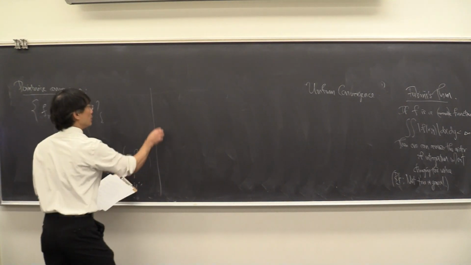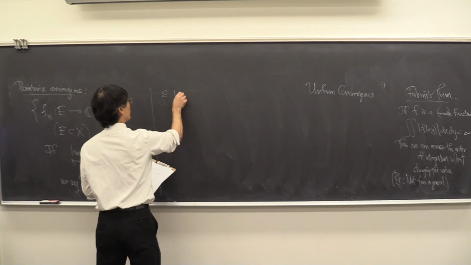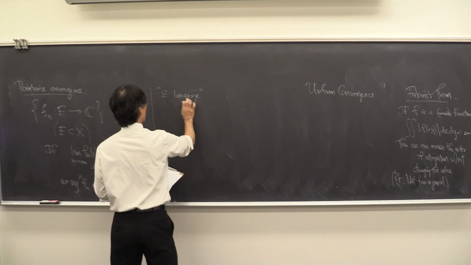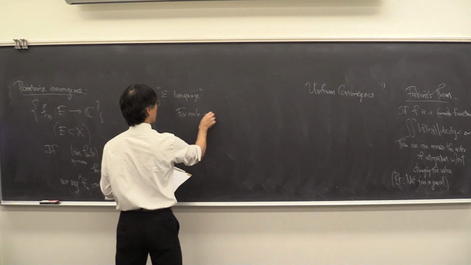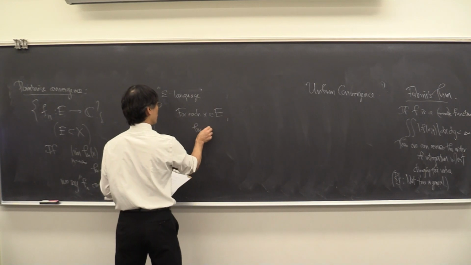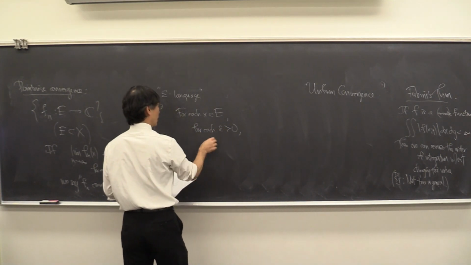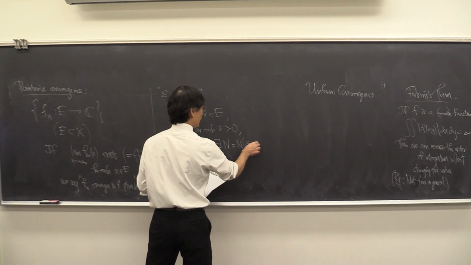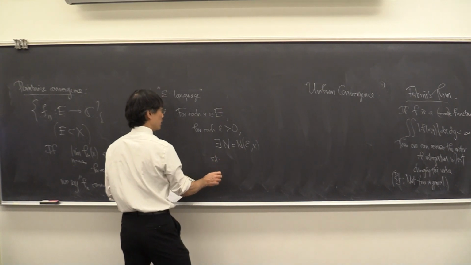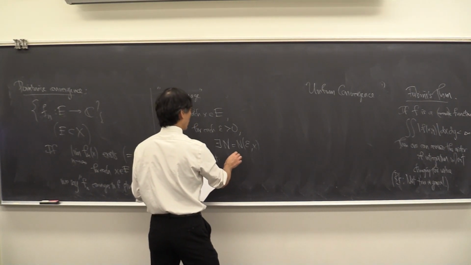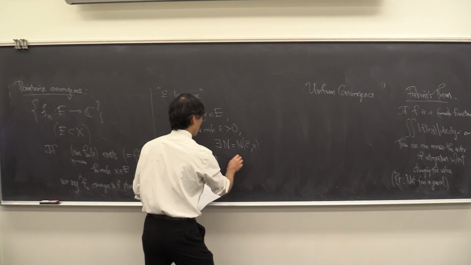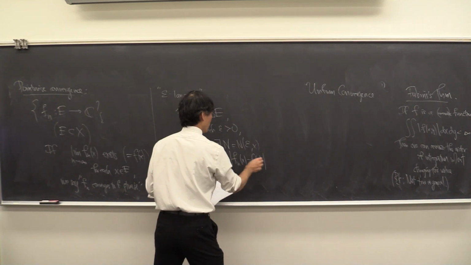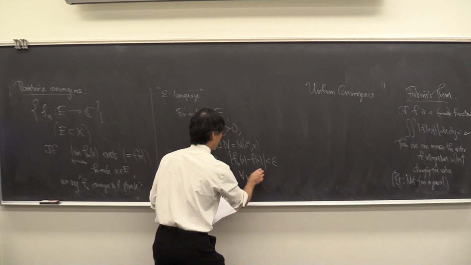In terms of epsilon language, that means that for each point x, for each epsilon you're given, there exists an n that depends on epsilon and also on x, such that the distance between f sub n of x and f of x is smaller than epsilon for all n greater than that n.